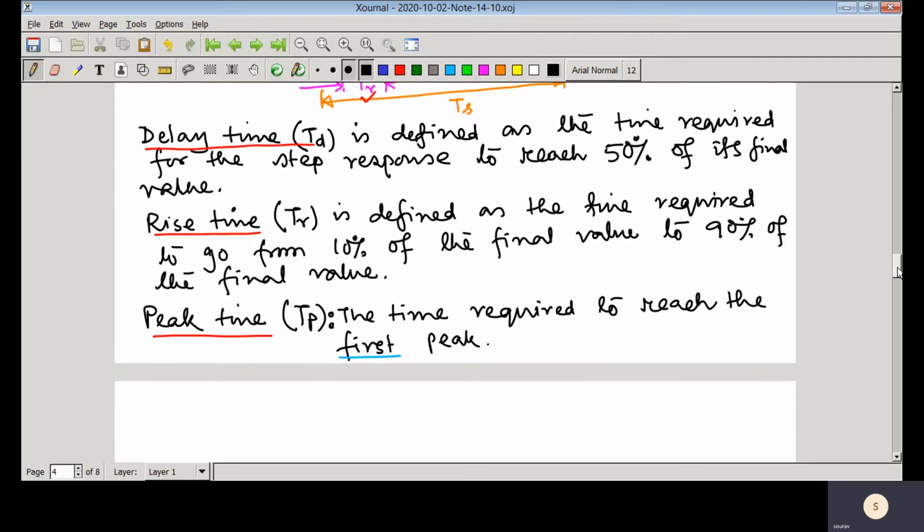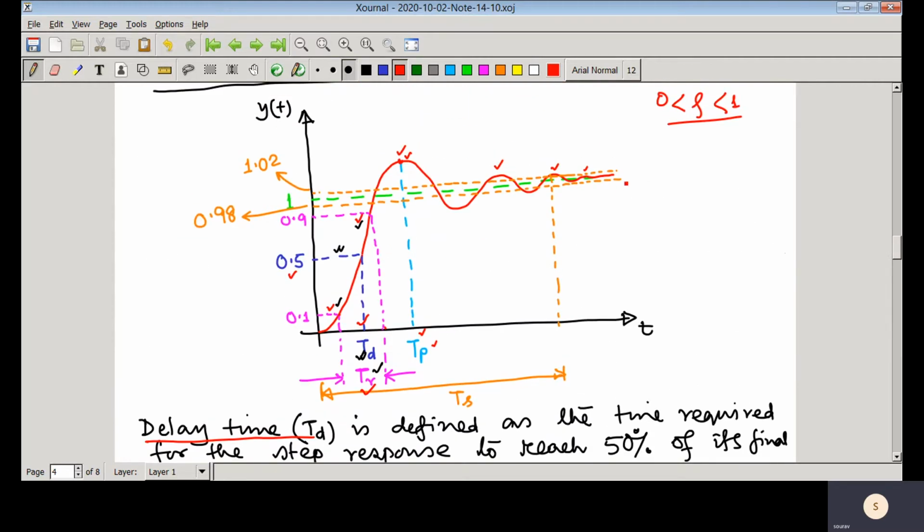We have another definition that is called the settling time. Settling time is denoted as TS, and we can see here that we have taken a band that is plus minus 2% with respect to the final value.